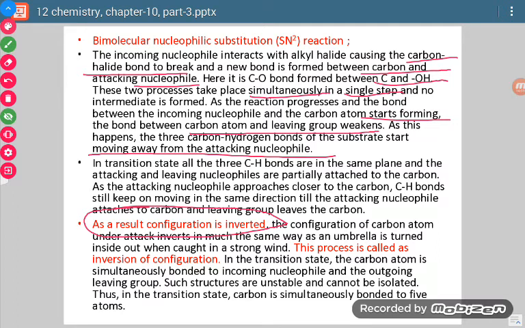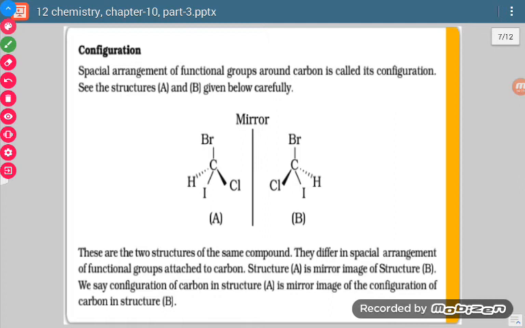So whatever was the configuration of the reactants, that totally gets inverted in the products, and this is known as inversion of configuration. What was there in the reactant, just the inverse is in the products. Now see, whatever was formed in the middle is called the transition state. The transition state is the unstable form, and that results in the formation of products.